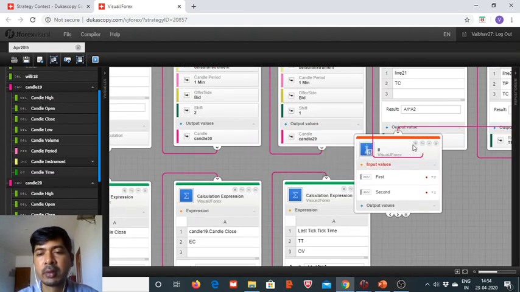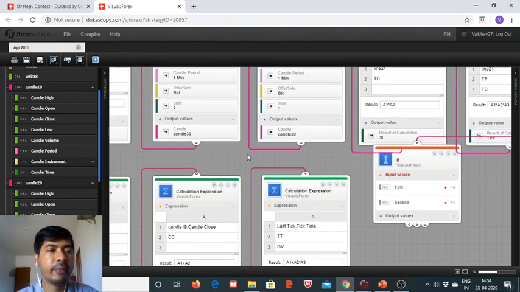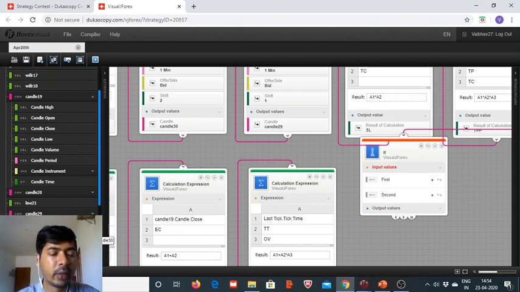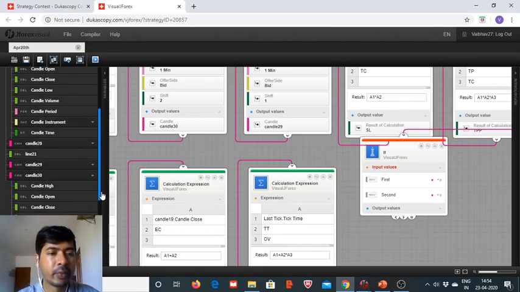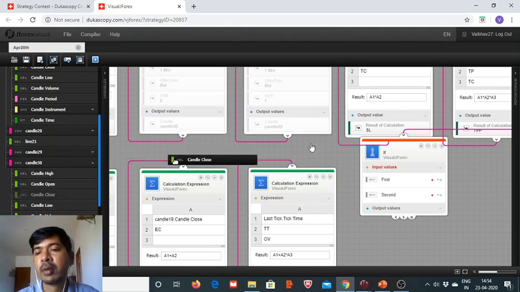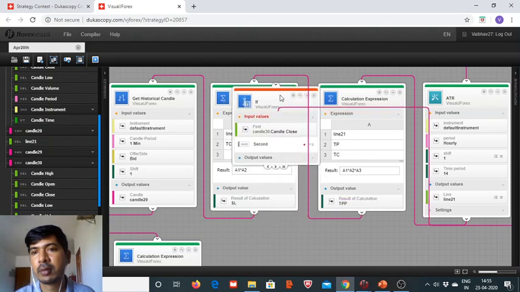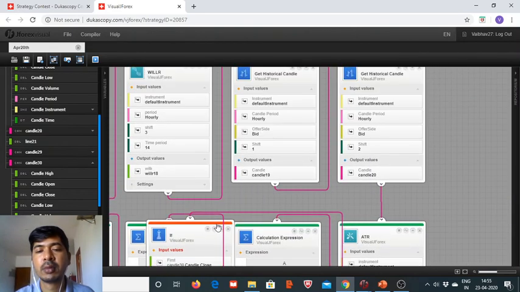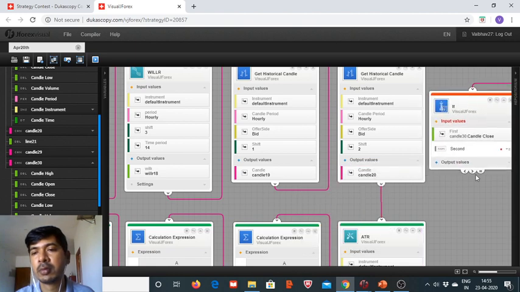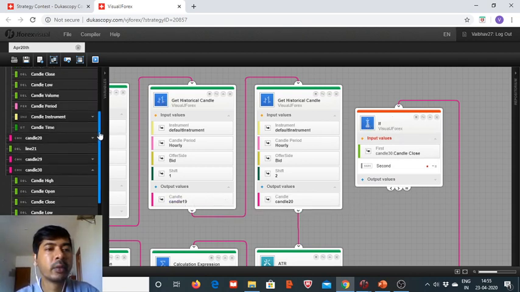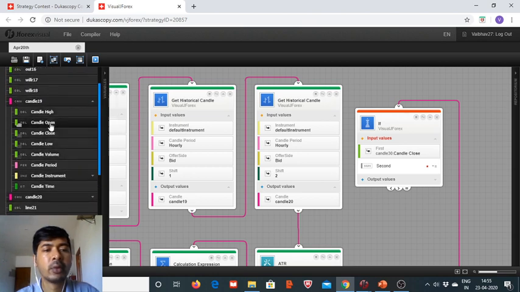So we take one step at a time, and first thing first, we will need the candle 30's closing value, and then we compare it. It should have been greater than candle 19's closing value.